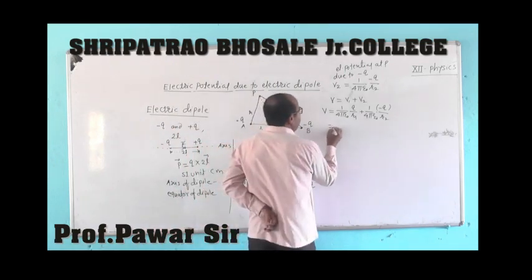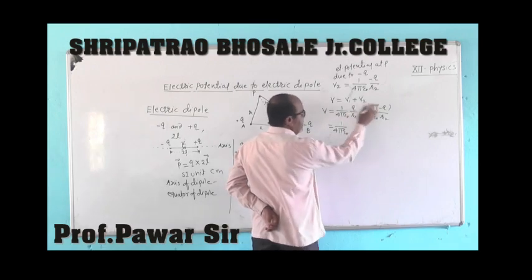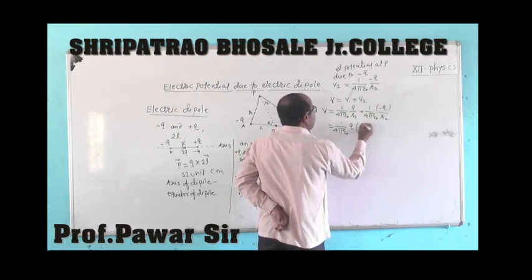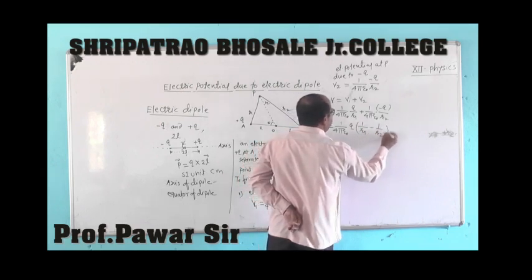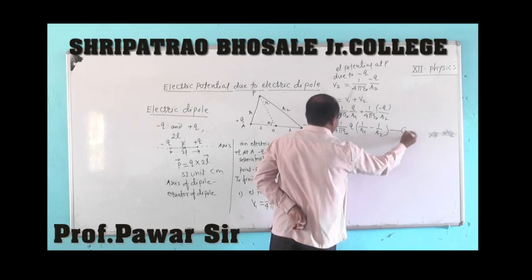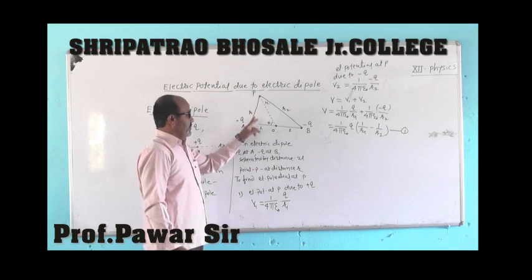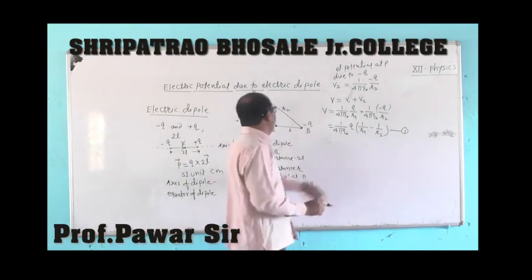The constant 1 upon 4 pi epsilon 0 is common, charge q is also common. So 1 divided by r1 minus 1 divided by r2. So this is equation first. By geometry of the figure, you can find the value of 1 by r1 minus 1 by r2.